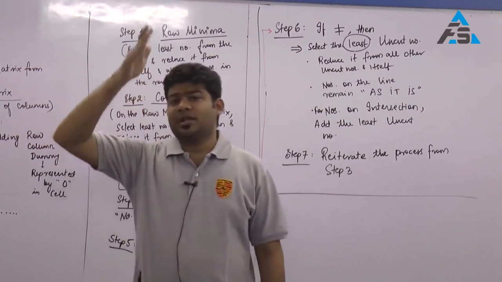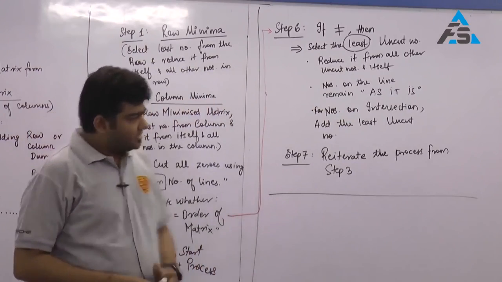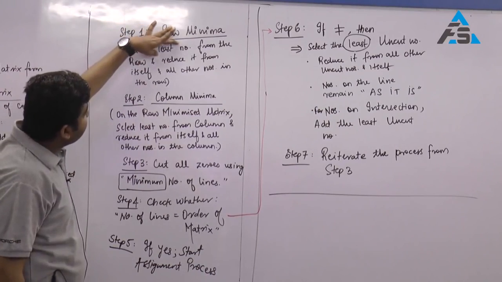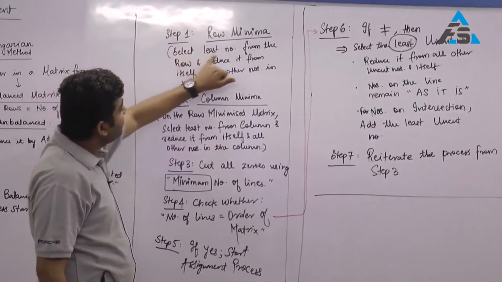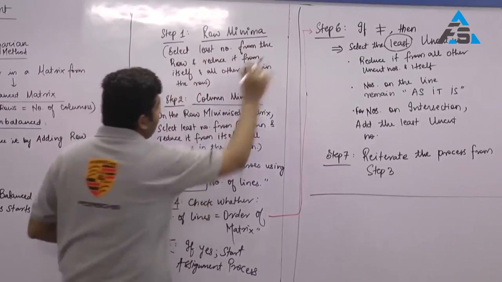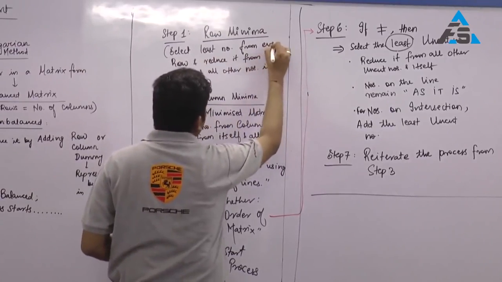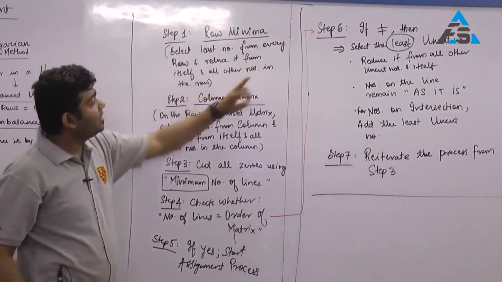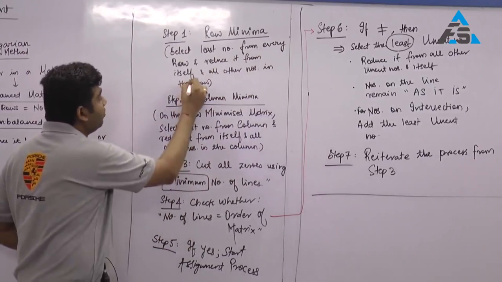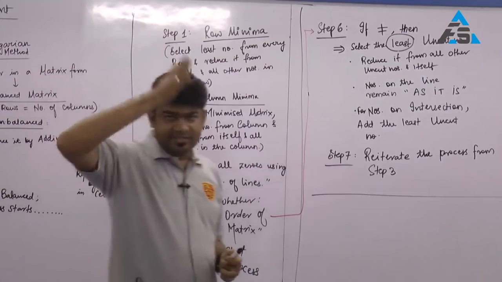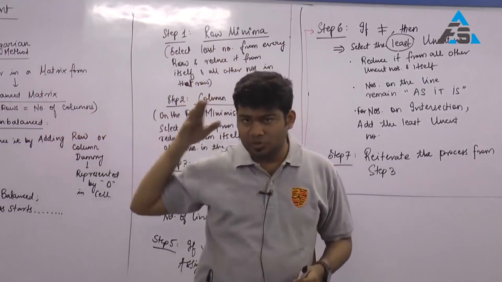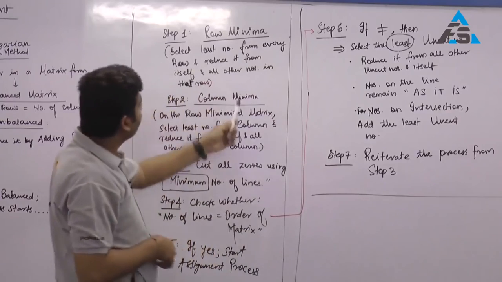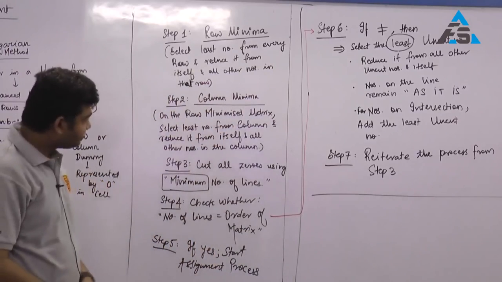In all rows there are a lot of numbers. Select every row and from that row select the least number, and reduce it from itself and all other numbers in that row. So if there are 4 rows, I will select 4 least numbers, one from each row, reduce itself and other numbers in that row, so that I get a 0.